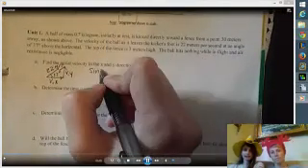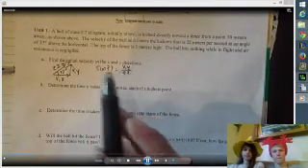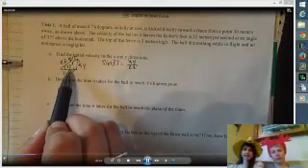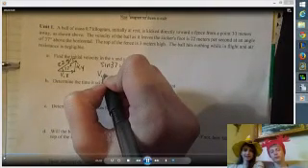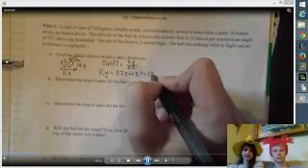So we're going to do the sine. Remember, this is trigonometry. Sine 37 equals V1y over 22, since sine equals opposite over hypotenuse. So V1y equals 22 sine 37, and that's 13.2 meters per second.